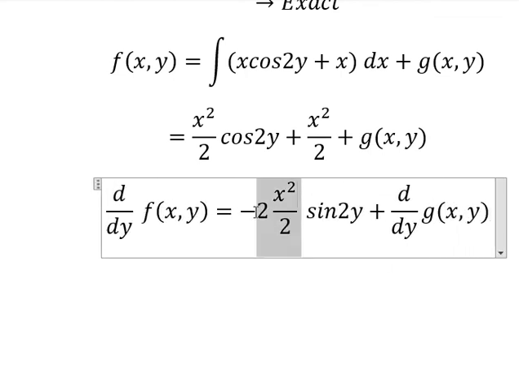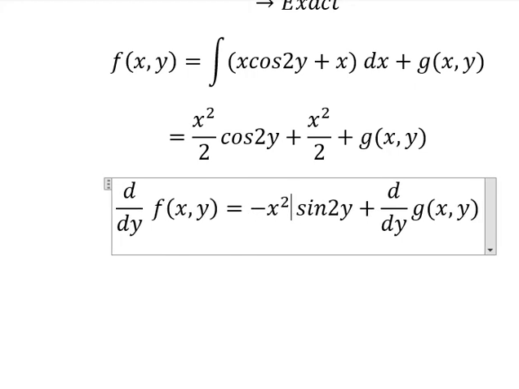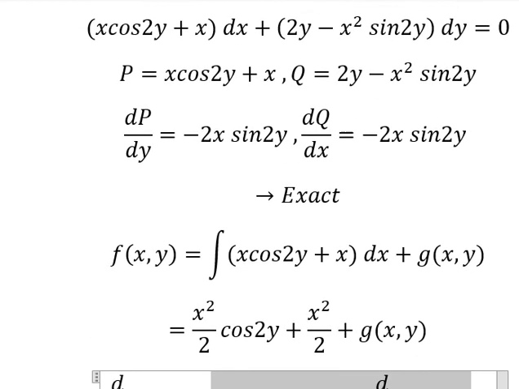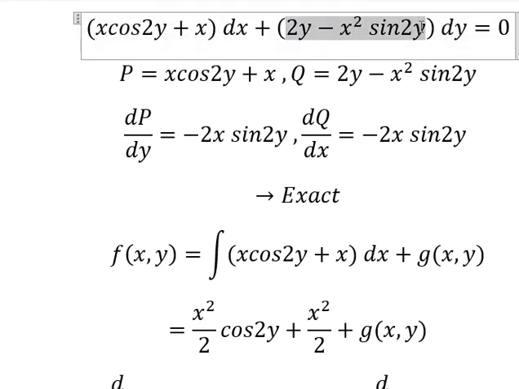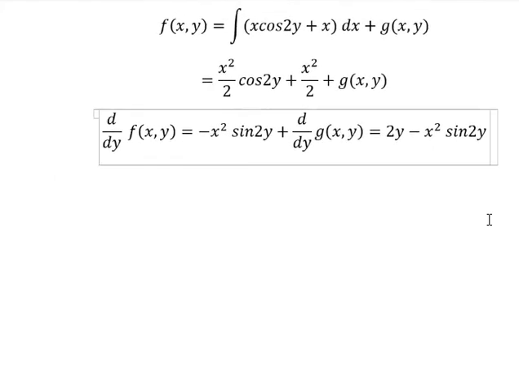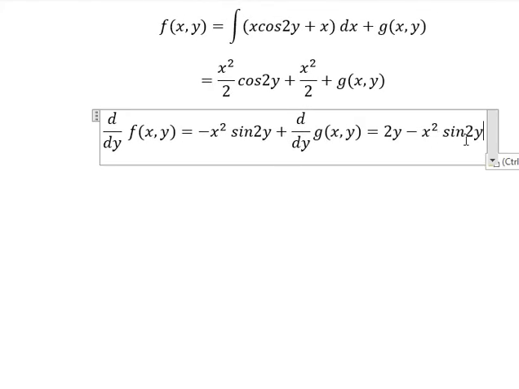Number 2 and number 2 we simplify. And we know that this one is the same as this one. Now we simplify negative x squared sine 2y for both sides.